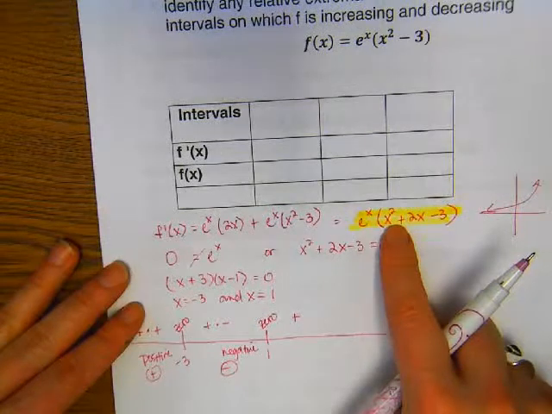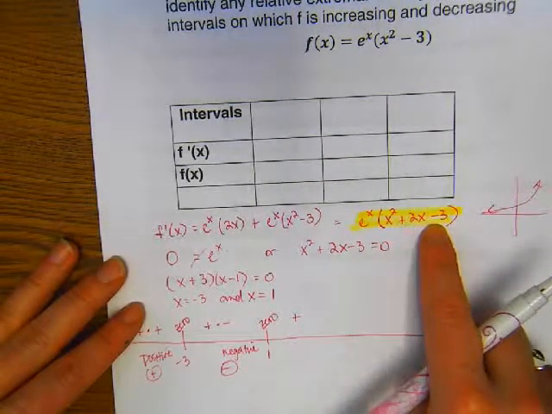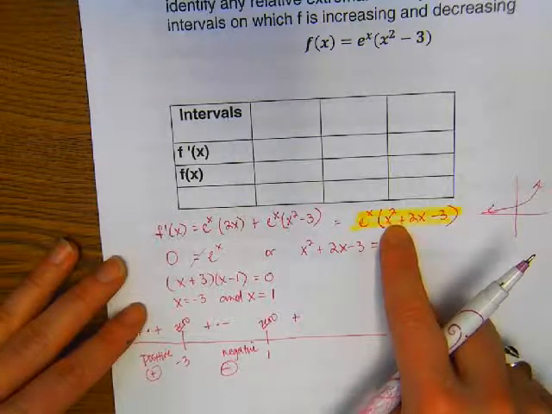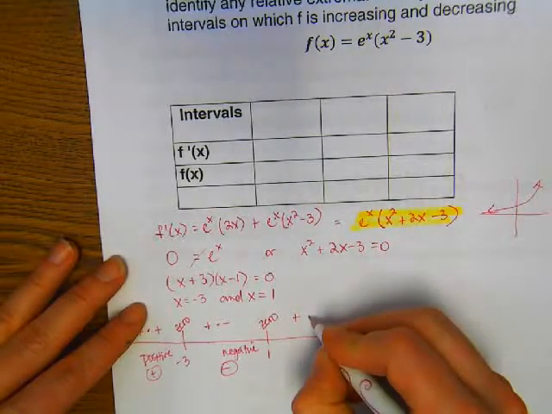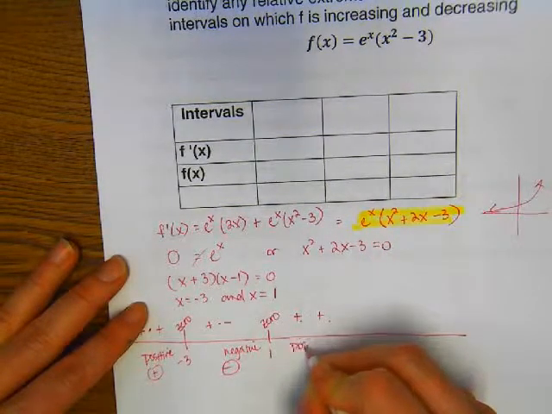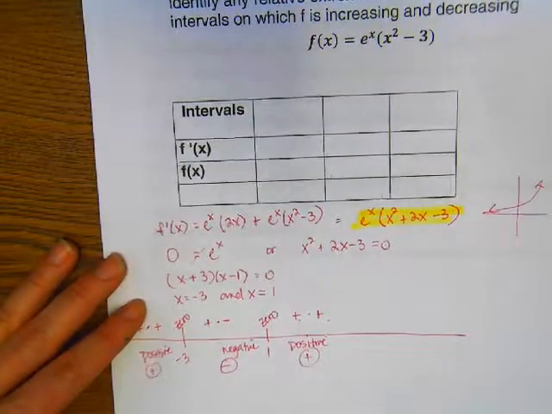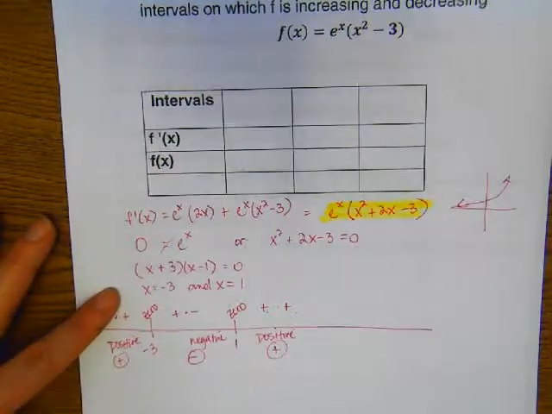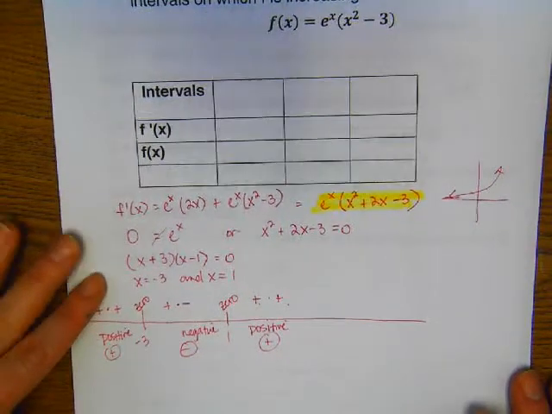And then, let's say I had 2 squared plus 2 times 2 minus 3. That would leave me, let's see, 2 squared would be 4, 4 plus 4, 8 minus 3 is positive. A positive times positive is going to be positive. Okay, I'm almost running out of time, but the next thing I would do is put the intervals up here.